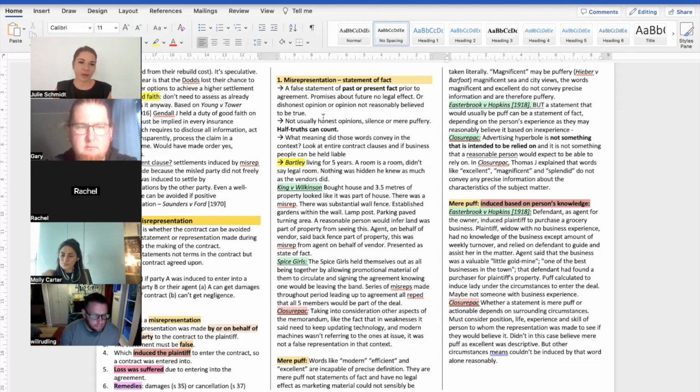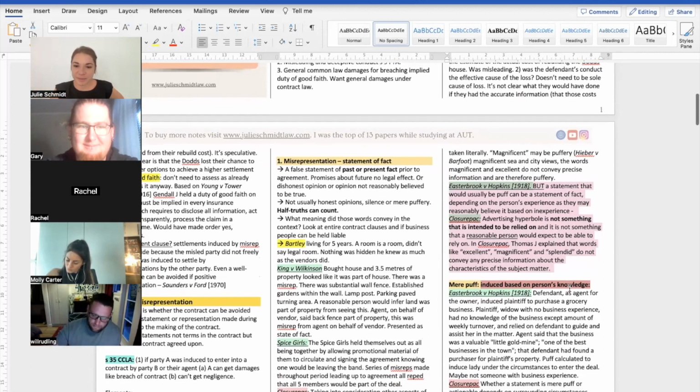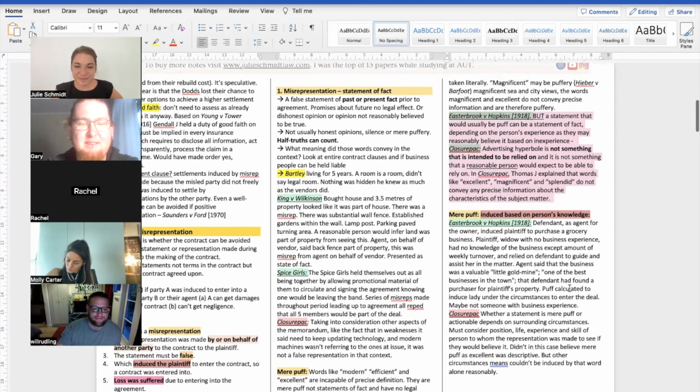So that would probably be a statement that's mere puff, incapable of definition, and therefore not something a reasonable person should rely on. Remember, we're always coming back to that reasonable person. Yeah, pleasing to the eye, exactly. Is it just old and crappy, but beautiful, like some hippie shack? Is that perfect presentation?